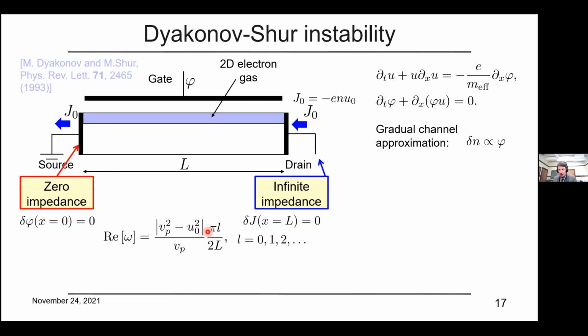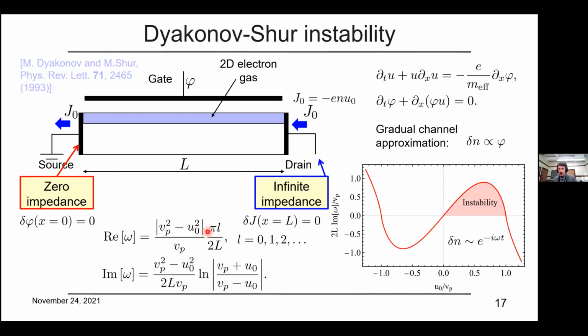But the most interesting part is that there is an imaginary part of the plasmon frequency now. And moreover, this imaginary part is not just negative, as we expect for example for diffusion or disorder effects, but it could be positive. This means that the plasmon mode could become unstable.